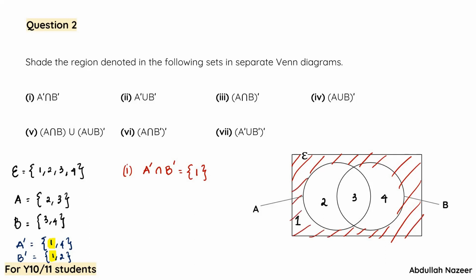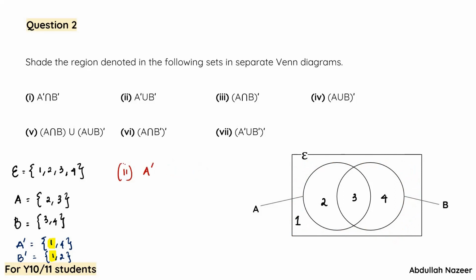Alright, now let's move on to the next question. The second question is A complement union B complement. As you know, union is the operation that combines the 2 sets. We know A complement is 1, 4 and B complement is 1, 2. Together we can write it as 1, 2, 4. Remember that we don't repeat the same element twice within a set.